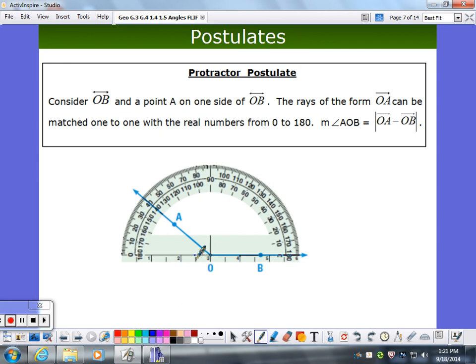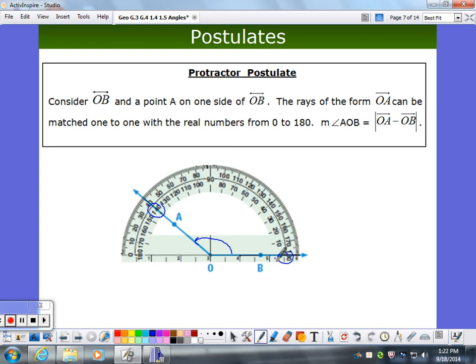It basically says that if you want to know the degree measure of, say, this angle, you look at this number here, and you look at this number here, and you subtract. And that tells you the degree measure. When we use a protractor, it's always starting at 0.